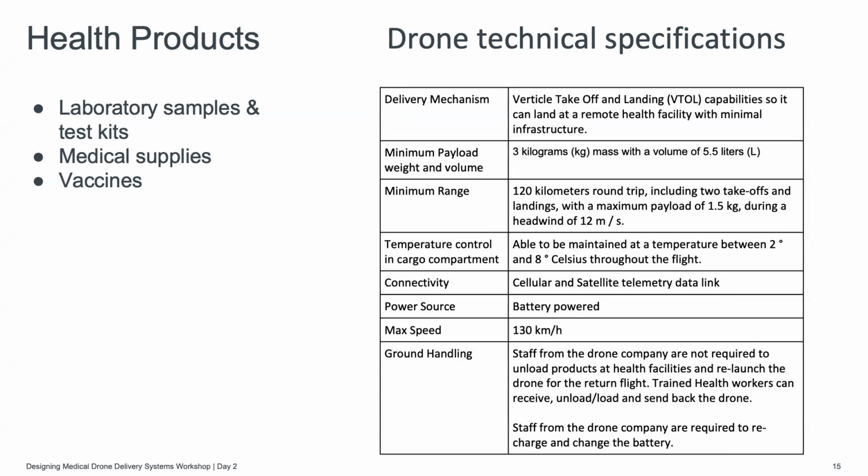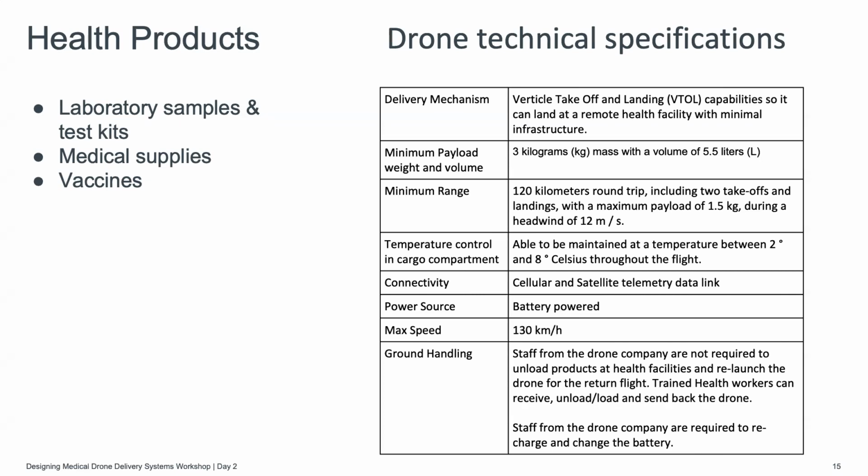There is a temperature control compartment incorporated into the drone, which can maintain 2 degrees Celsius to 8 throughout the flight. It can do cellular as well as satellite connectivity. It is battery powered. It has a maximum speed of 130 kilometers per hour.